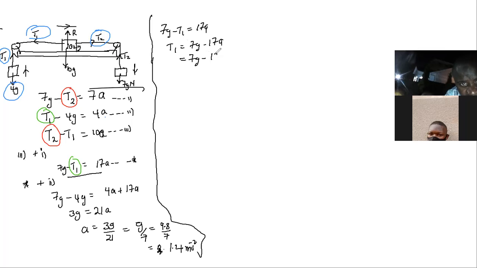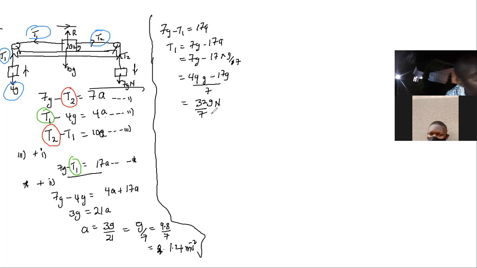Sorry, it is G out of 7, not 17. So this will give us 49G minus 17G divided by 7, and this gives us 32G over 7 newtons. When they ask you to remove G, you substitute 9.8.